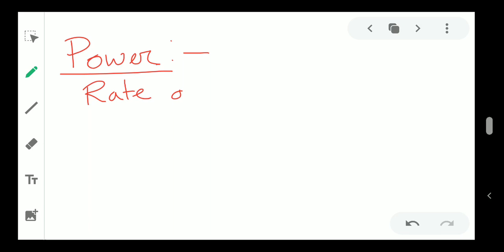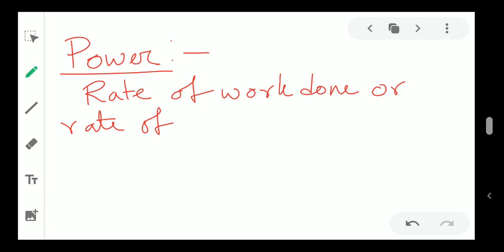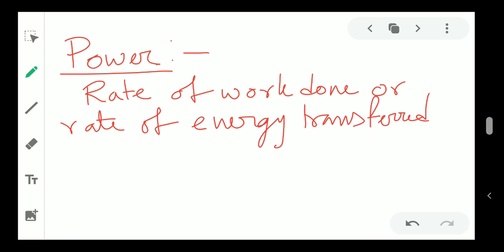Now talking about power. Power is very much linked with our work done. Power is nothing but the rate of work done, or the rate of energy transferred with respect to time.